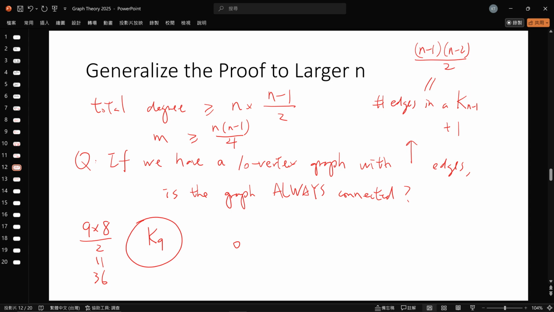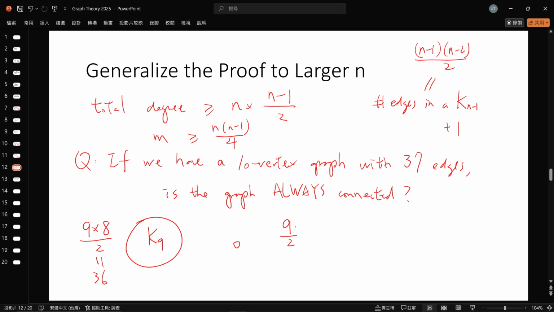We know that we must have at least 37 edges to guarantee the connectivity of a graph. So now if we only know the minimum degree is 9 divided by 2, this is what our assumption tells us. Our assumption says that the smallest degree is (n minus 1) over 2, because n here is 10, n minus 1 becomes 9, so 9 over 2.